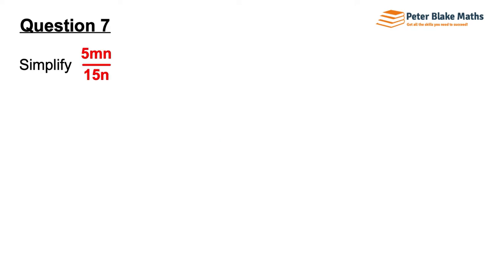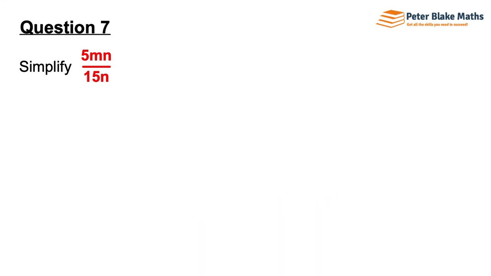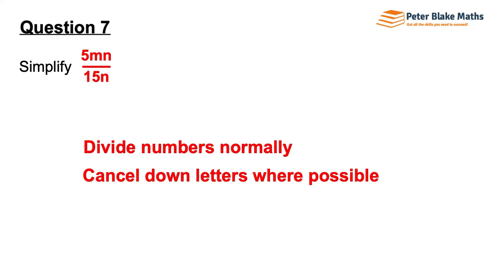Question 7. Simplify 5mn over 15n. We'll divide numbers normally, and we'll cancel down letters where possible.